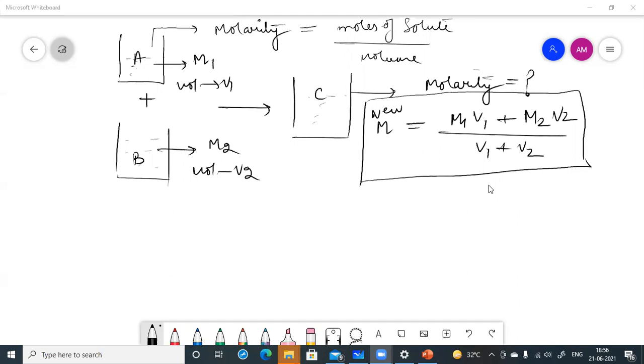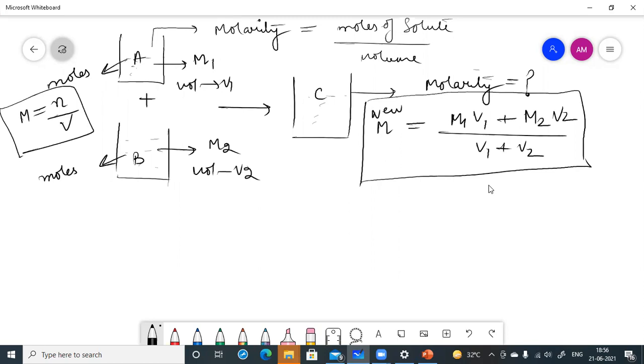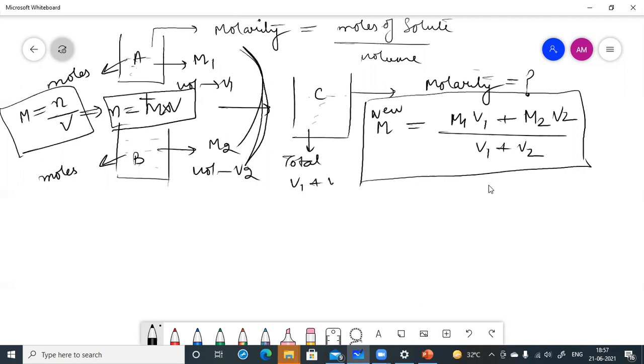Actually, suppose this has some number of moles present, and this also has some number of moles. Molarity is moles upon volume, that is the formula. So what you did is you found the moles. How did you find the moles? n is equal to molarity into volume. By this formula you found out the number of moles. So when you mix these solutions, total volume will be how much? V1 plus V2, yes or no?